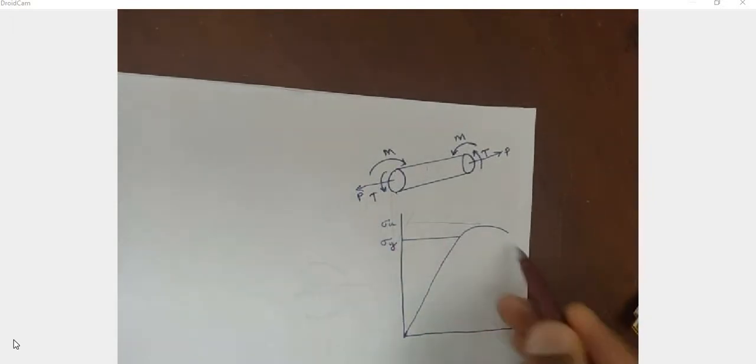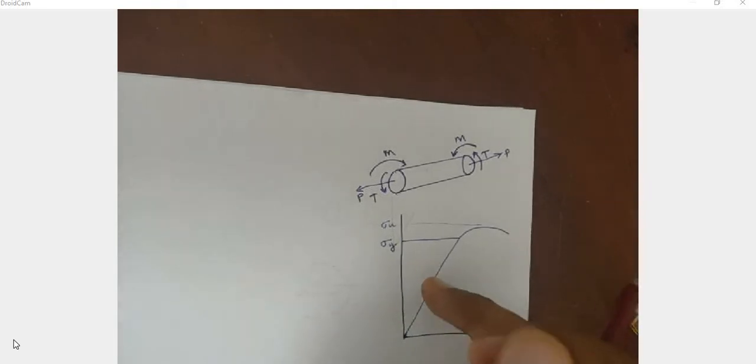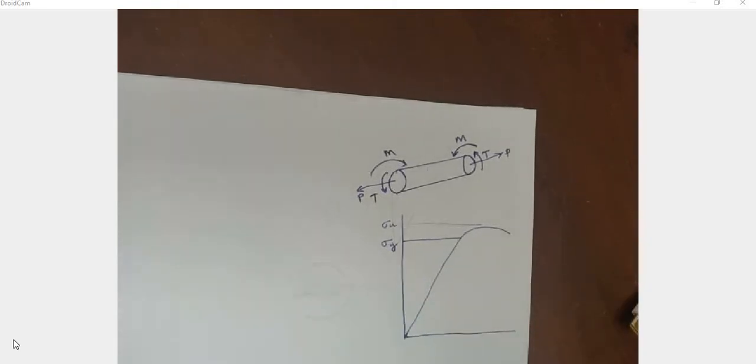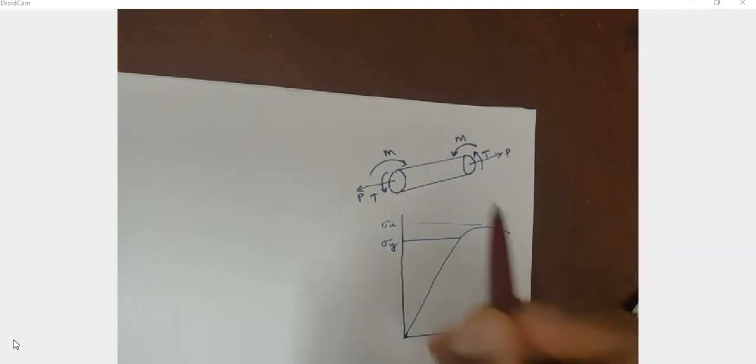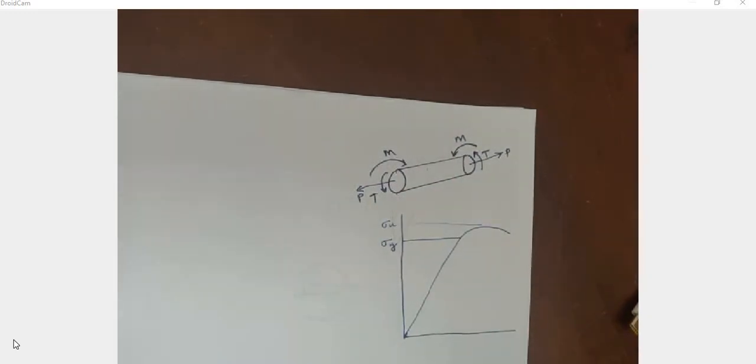That is the material data we collect by conducting this uniaxial tension test. Using this material data, sigma y and sigma u, we try to find out the load capacity in new situations of such type. That is what we do in the theories of failure.